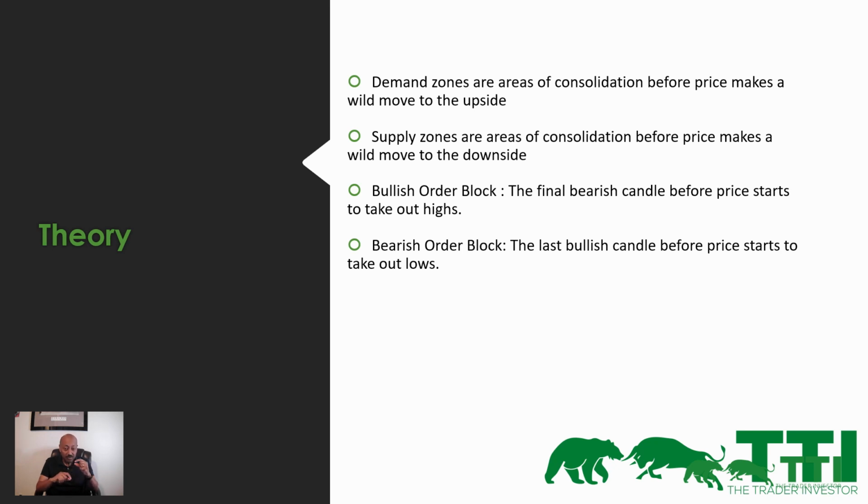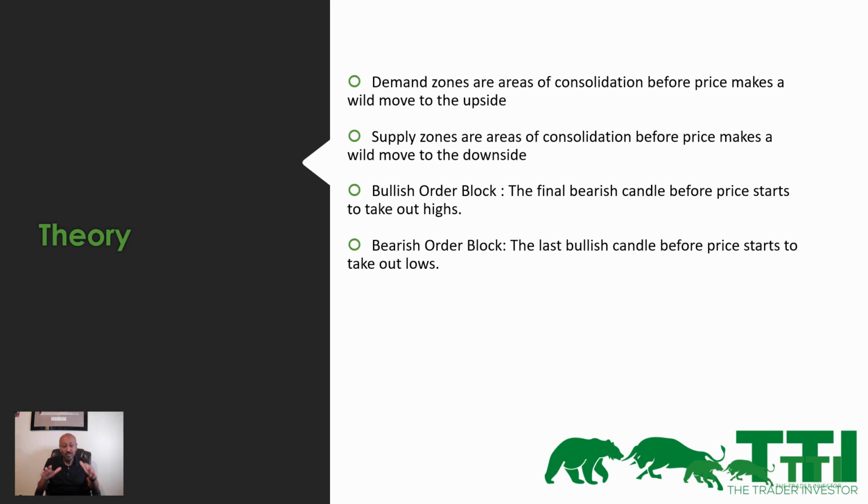A bearish order block is the last bullish candle before price starts to take out lows. When price starts making lower lows, that last bullish candle is our order block. Again, this order block will act as resistance the next time price comes back to test it and potentially reverse back down.